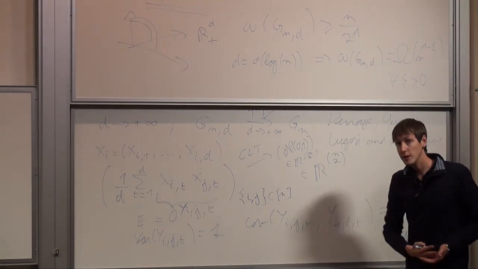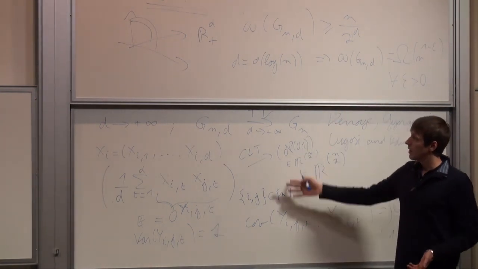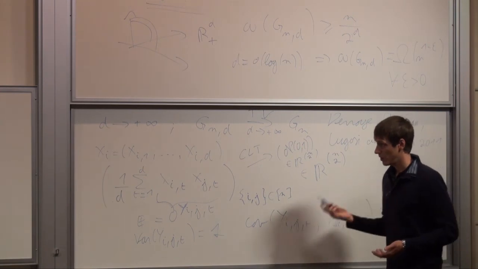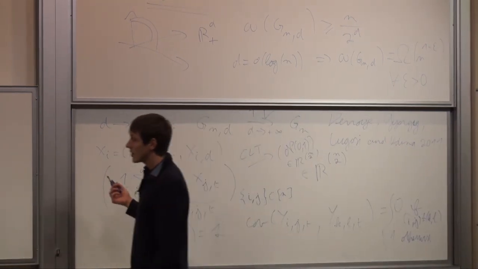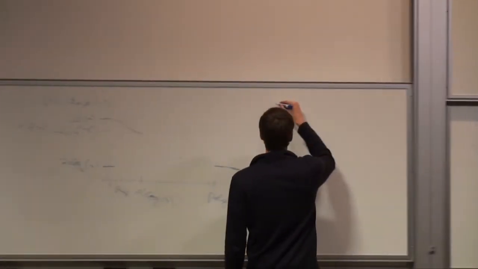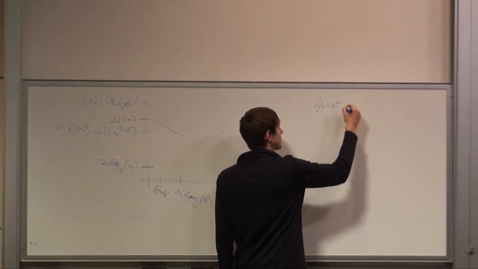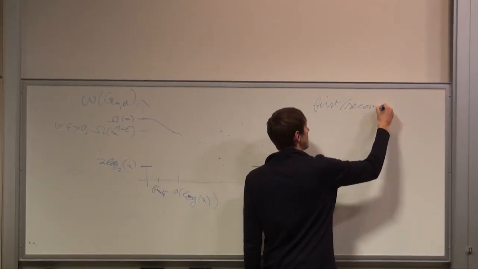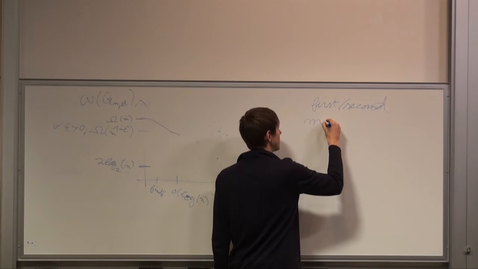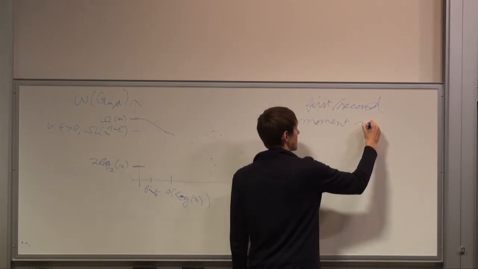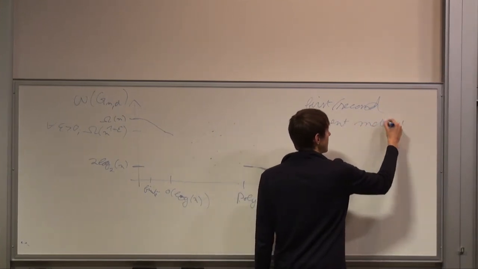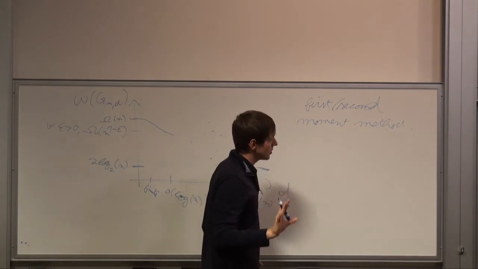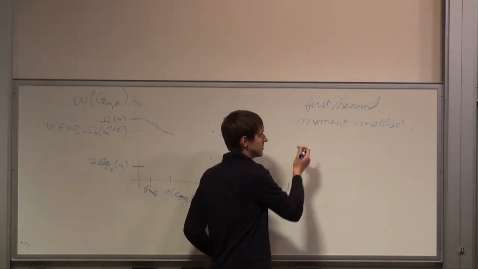You can redo exactly this argument in the random geometric model. The calculations are more difficult, but by just doing the first and second moment method, that's the spirit.